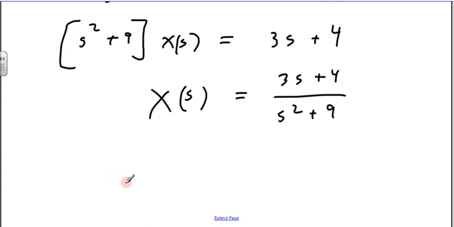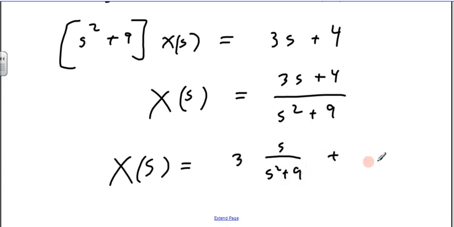And now I need to do something with that algebraically so that I can solve it. So X(s) is going to be 3 times s over (s squared plus 9) plus something over (s squared plus 9). I'm looking at number 8 and number 10 on my Laplace transform table, and I say, well, I need a 3 on top because this is going to be s squared plus 9 over 3.